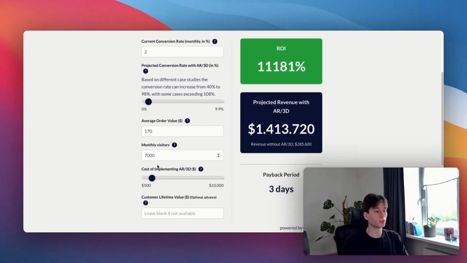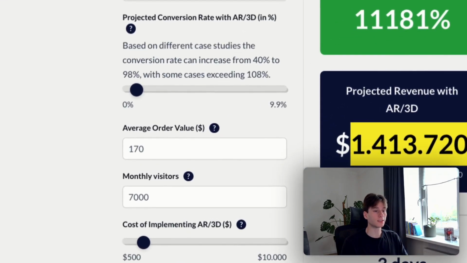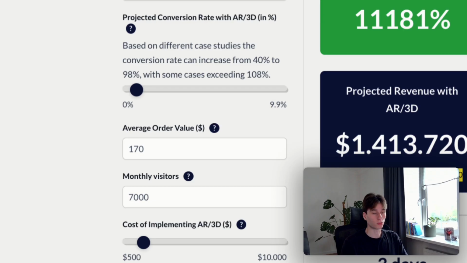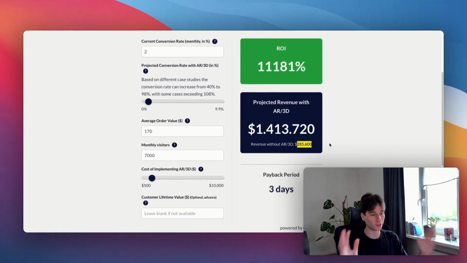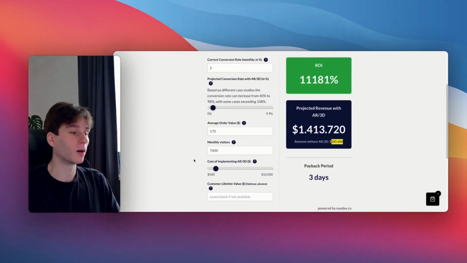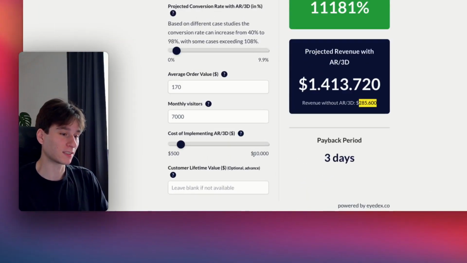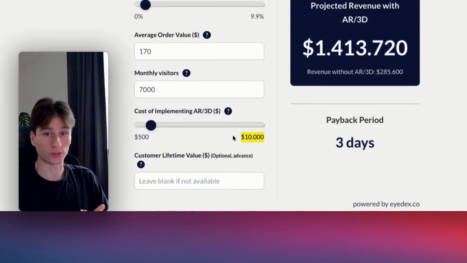Well, even with implementing a 3D configurator that can cost you $10,000, you still have this much revenue instead of just this revenue. But let's say this is an annual cost that you have.